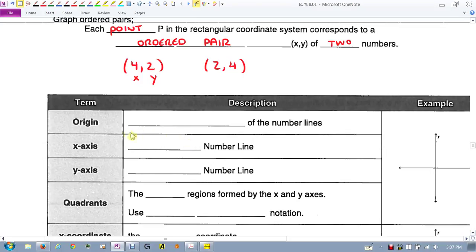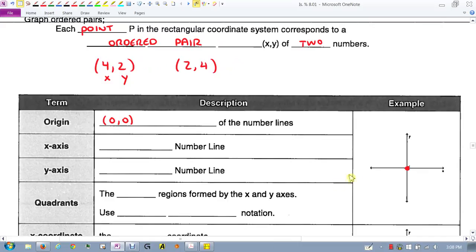So how about this? What is the origin? It's the point 0, 0, right? If I graph it over here, it's this red dot. It's the origin. But it's actually where the x-axis and y-axis intersect, right?